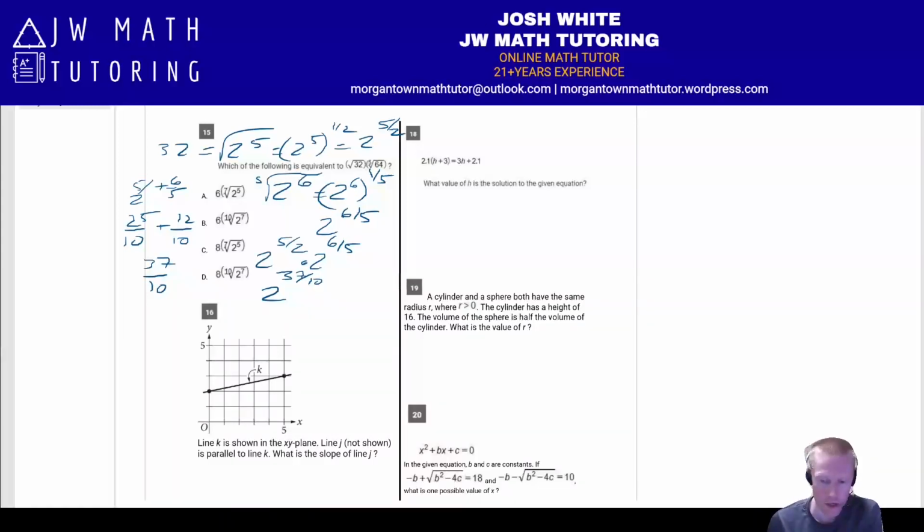Now, to simplify this, basically it's the 10th root of 2 to the 37th power. Notice that is not any of our answer choices. However, right off the bat, we can eliminate A and C, because those have 7th roots in them, but we actually have a 10th root. So it's going to be between B and D.